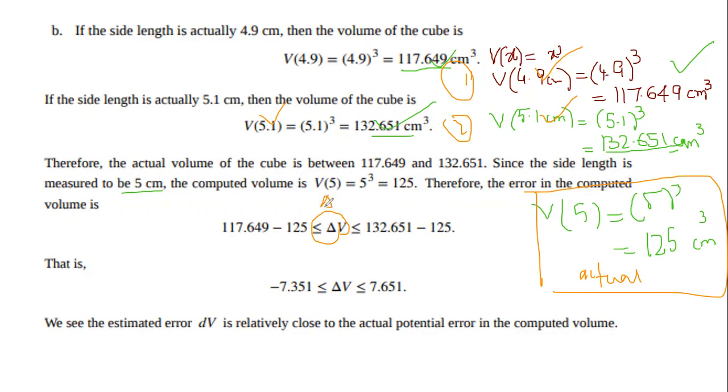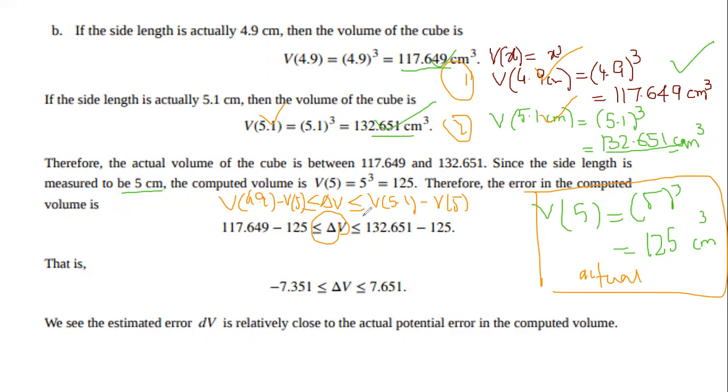So I will write here that delta V is less than or equal to the upper limit, which is V at 5.1 minus V of 5, and it is greater than or equal to V at the lower limit 4.9 minus V of 5.